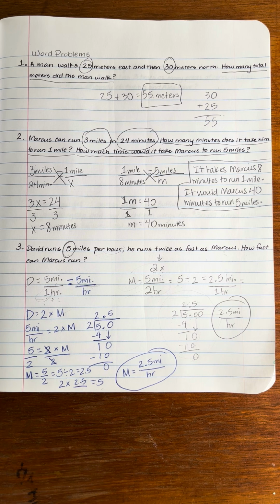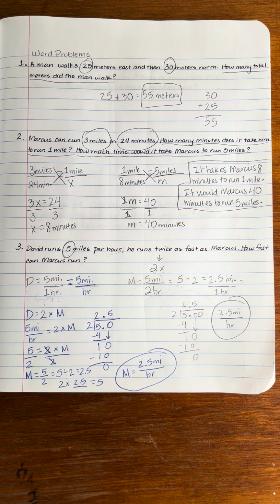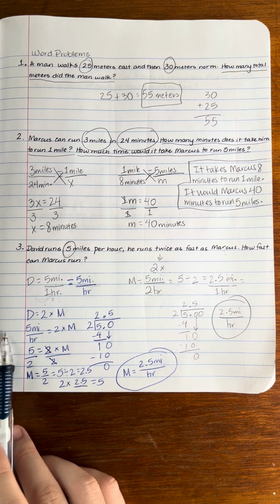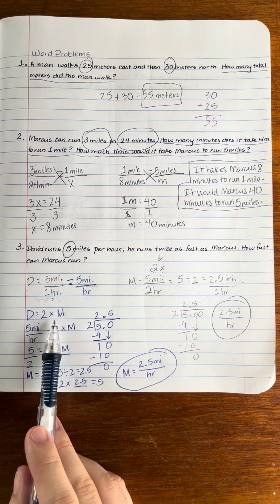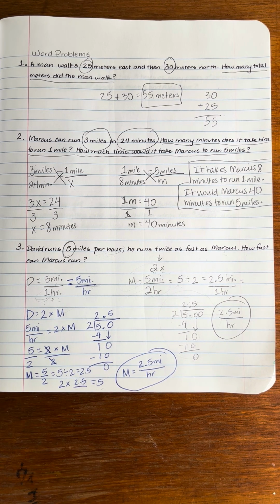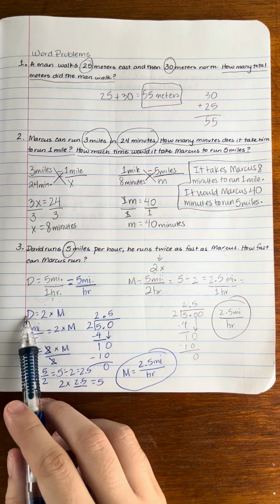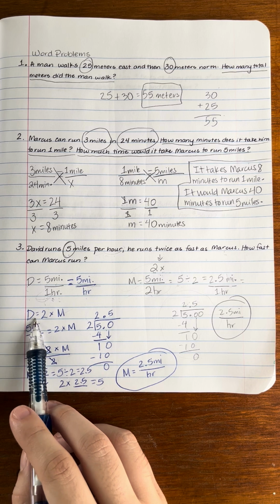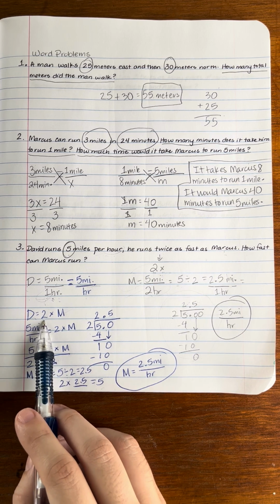The other way, which I like to explain it better because it's more mathematical in terms of creating something into an equation. So here in blue I have D equals 2 times M. Well, what the heck does that mean? D is David, right? David can run twice as fast as Marcus.